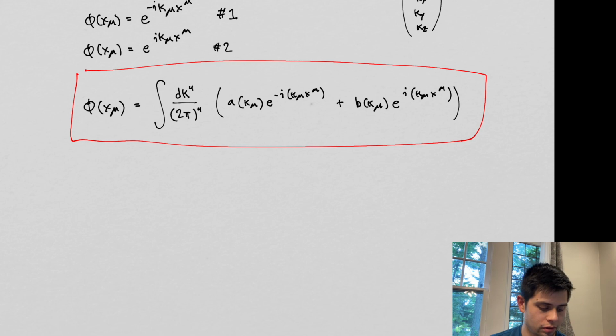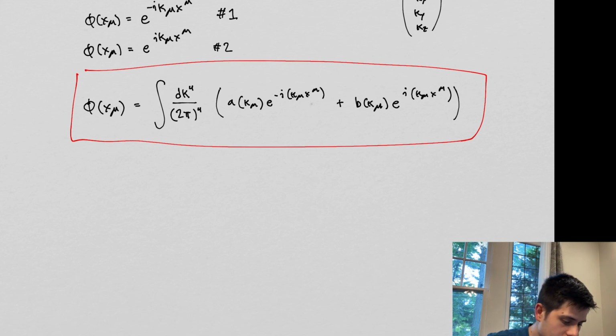So depending on what the momentum is at some point, you're going to get a value for A and a value for B. A corresponds to this right-going wave because of this minus sign, and the b corresponds to the coefficient of left-going waves, depending on how you define right and left, obviously, but one is fundamentally a different object than the other. And so this is the most general solution to our Klein-Gordon equation, okay?